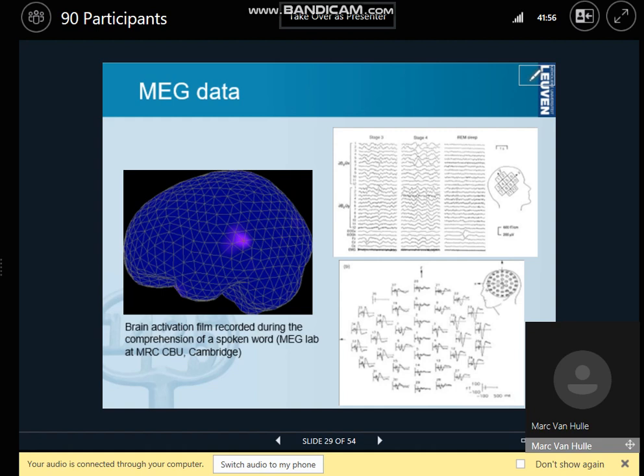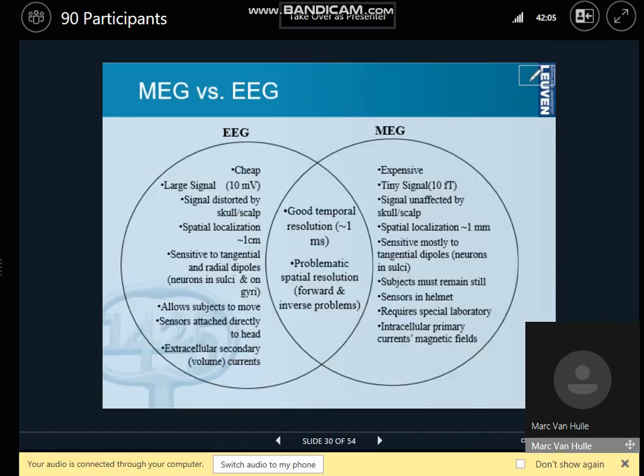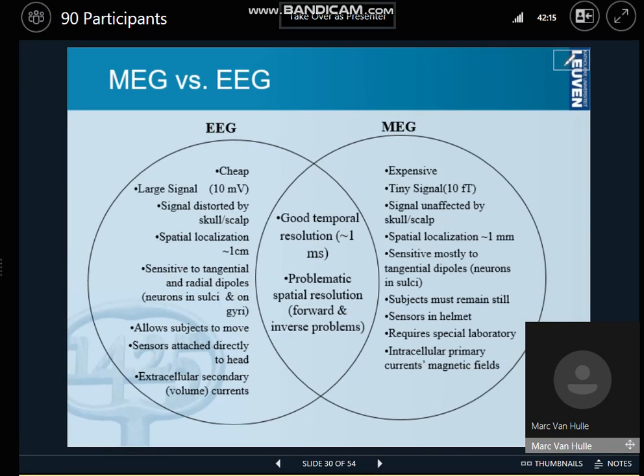So it offers all the functionalities that we also have with EEG, but the source, the nature of the recorded activity, is different. On slide 30, there was a bit of a comparison given there, EEG and MEG. EEG and MEG both share good temporal resolution. You can go to the millisecond range, so you can have a lot of detail.